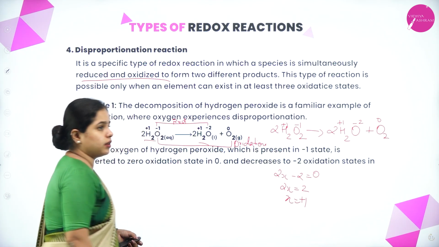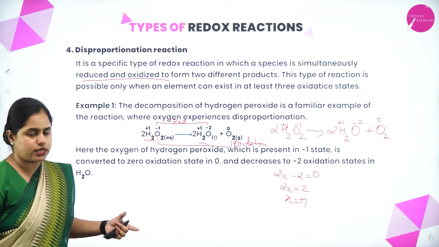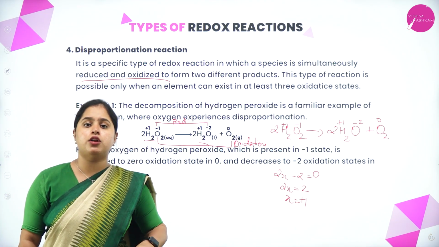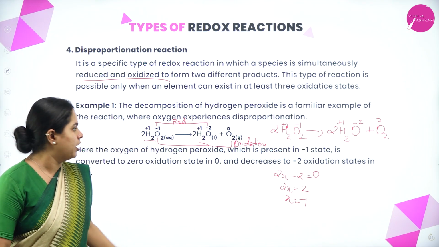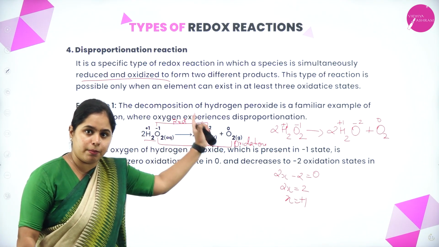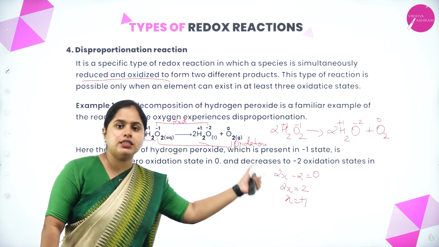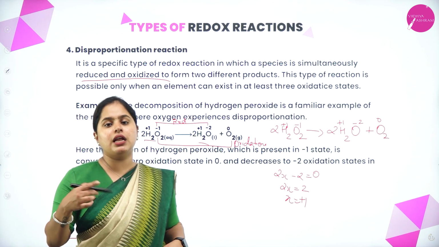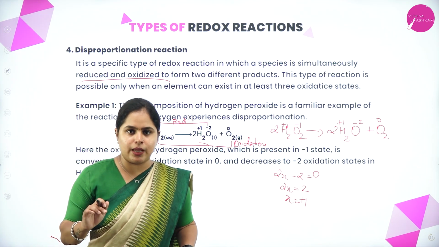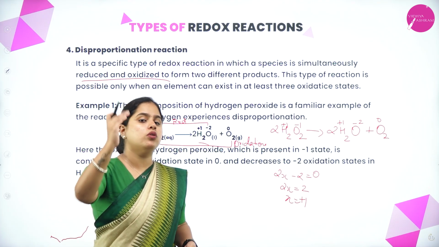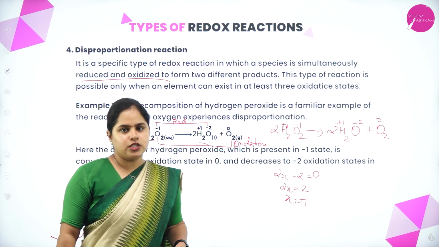So what does that mean? The same element in the hydrogen peroxide, the oxygen, is itself undergoing oxidation as well as reduction. In one product, its oxidation number has decreased, and in another product, its oxidation number has increased. The other element's oxidation number will remain the same. Only one element will undergo both oxidation as well as reduction. So I hope it is clear.